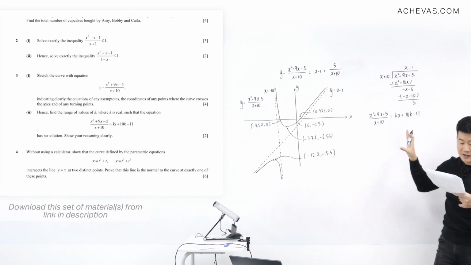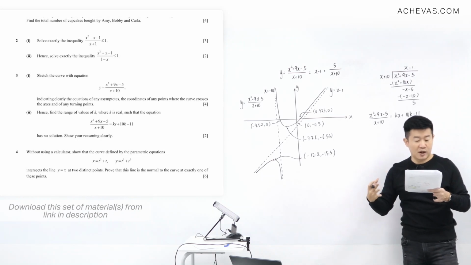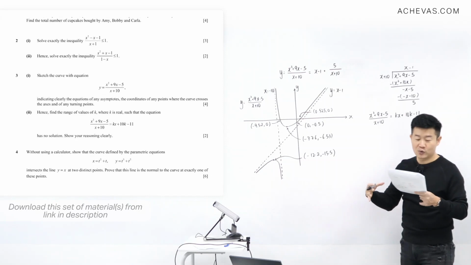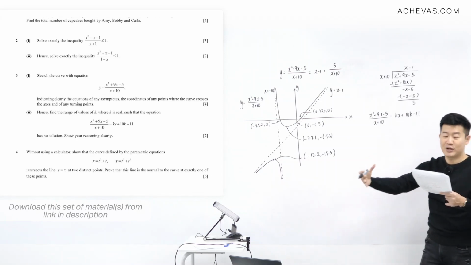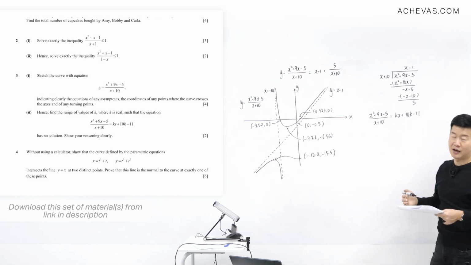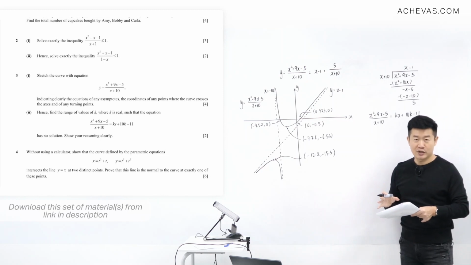And this equation is supposed to have no solution. We want to give a reason why that range of values of k results in this equation having no solution. So this is a simultaneous equation question.